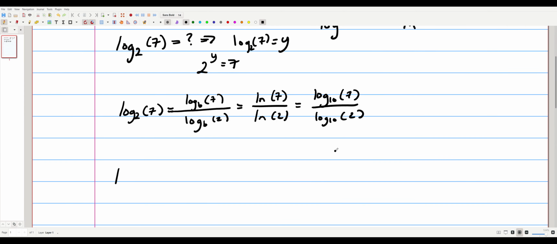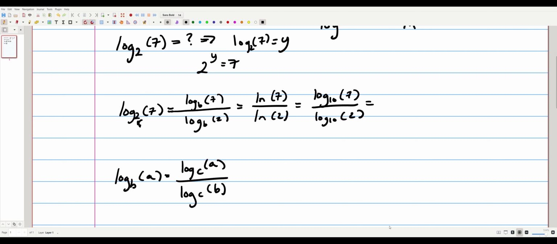So for any log base b of argument a, you can evaluate it as log base c of the argument a divided by log base c of b. So basically, the argument is the numerator and the base is the denominator, and you do division.